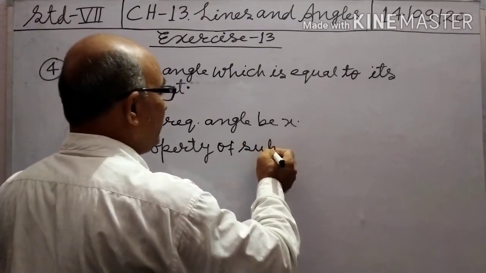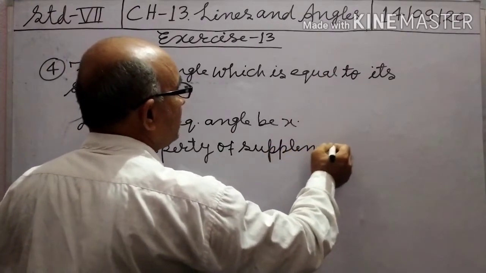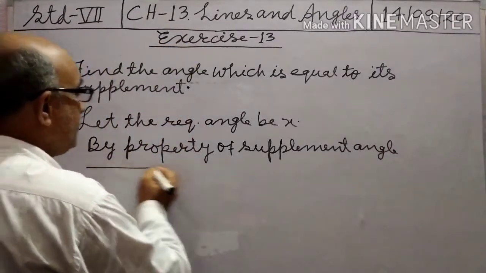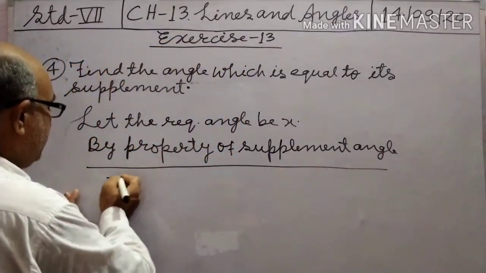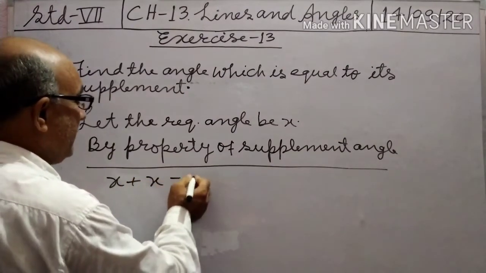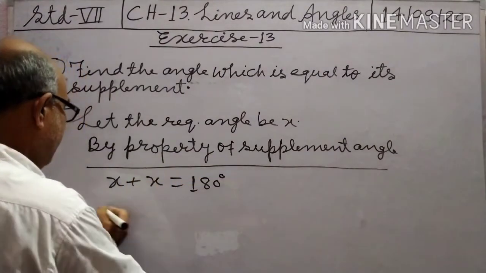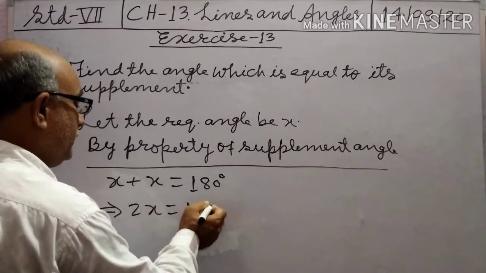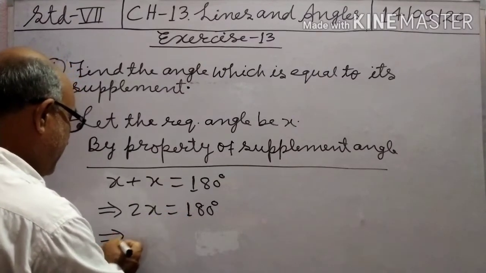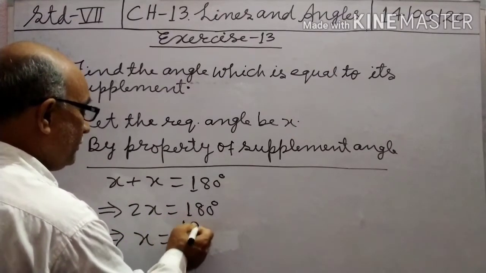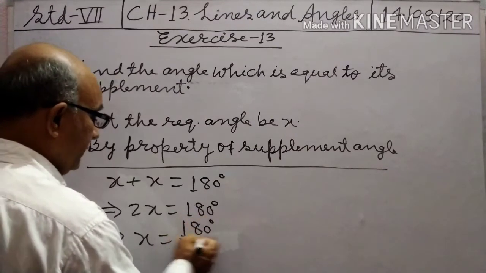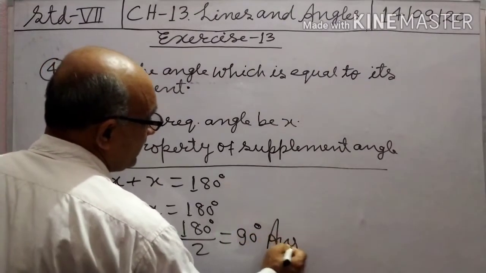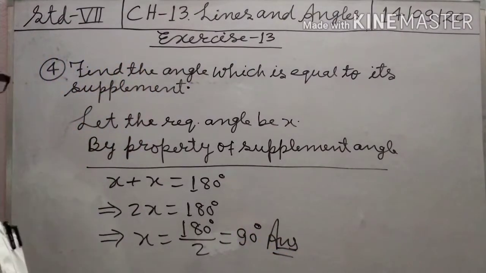By property of supplement angle, x plus x equal to 180 degree. That implies x plus x, 2x, equal to 180 degree. That implies x equal to 180 degree by 2 equal to 90 degree. Answer of this question. Students, understand and write it.